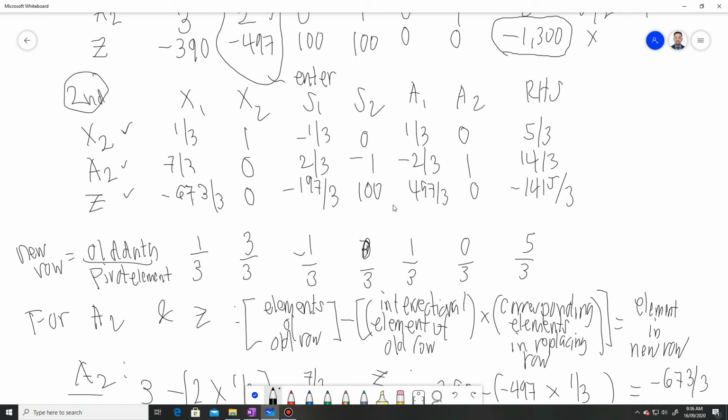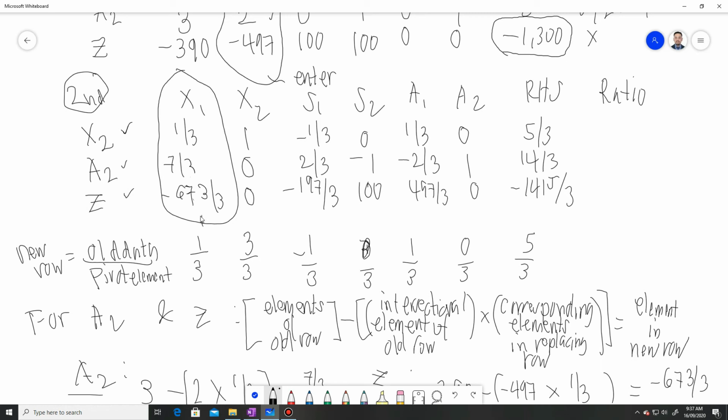Again, in developing, we will do the same procedure as with the first table. We will also compute the ratio, and then we will get the entering and the leaving variables. For the entering variable, we will get the lowest value in the z row, so that is x sub 1.